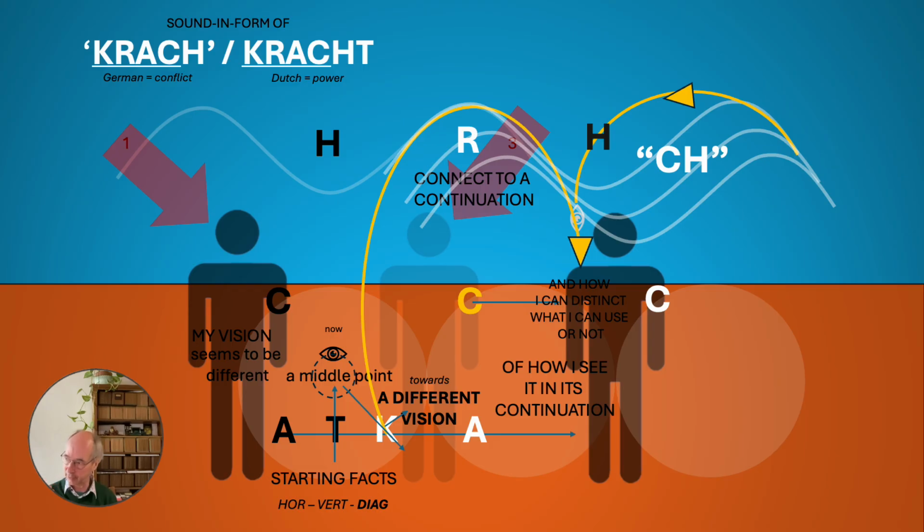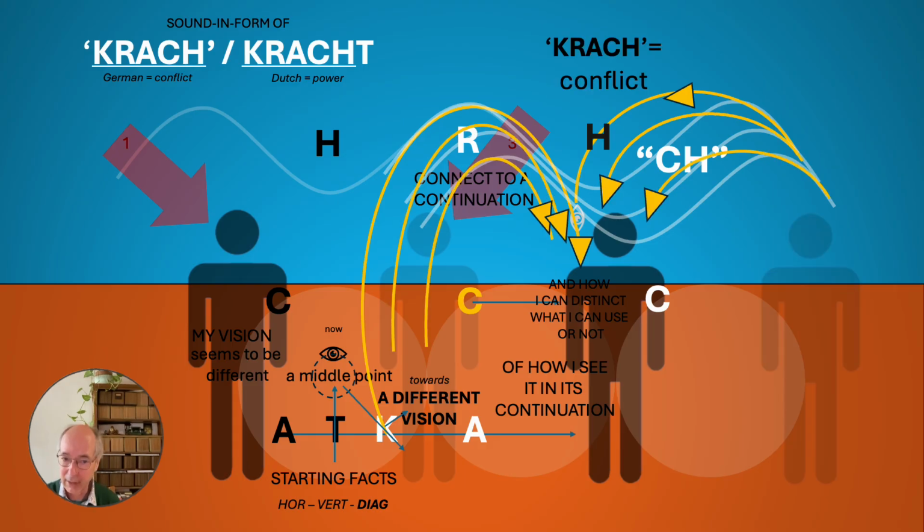The CH is a sound of almost chaotic vibrations that mixes itself up so that you get a kind of noise feeling. So all the possibilities, try to distinguish what is there, and connect to it with the R, of course.